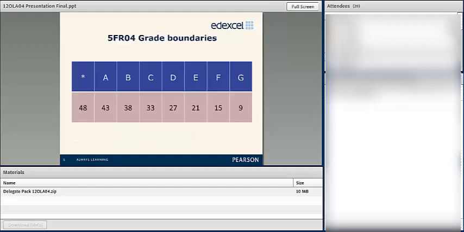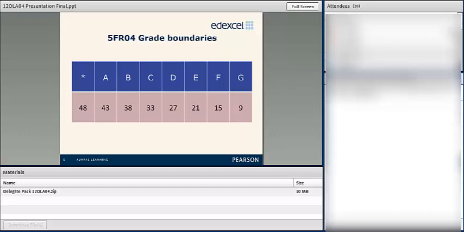There they are. So that candidate, as you can see, would have narrowly missed a C if the candidate had done 2 pieces of work at the same mark.